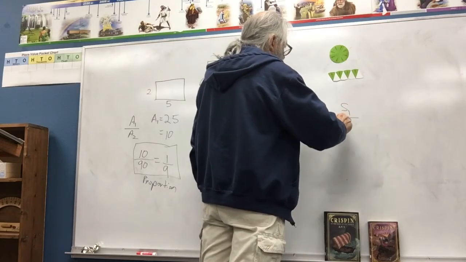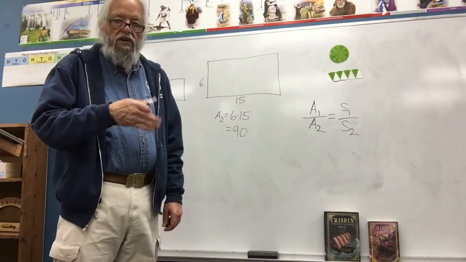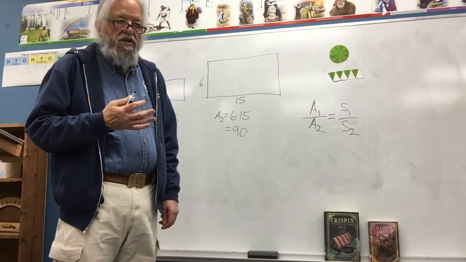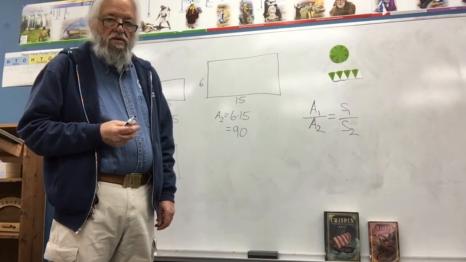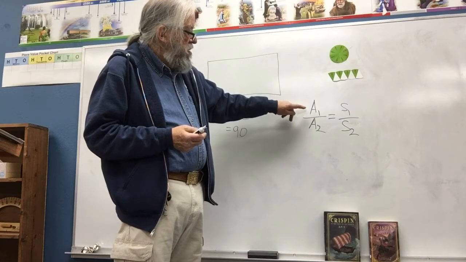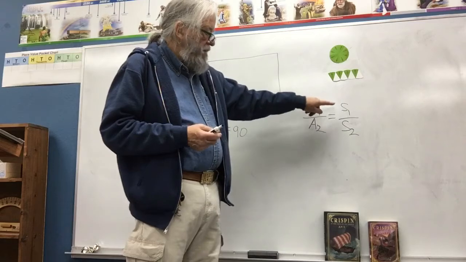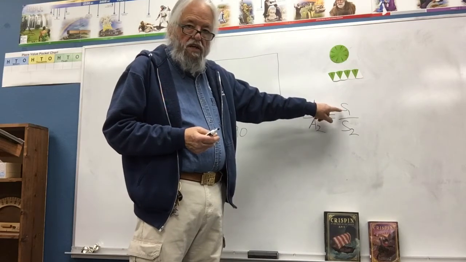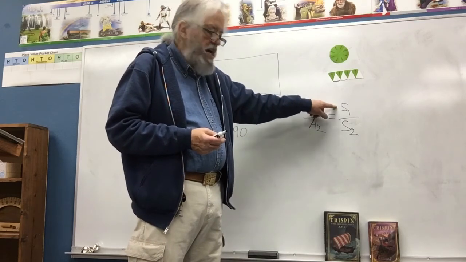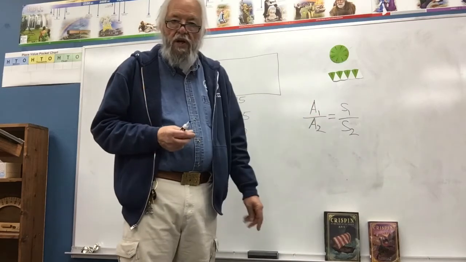So it would be side 1 over side 2. Area 1 over area 2 is equal to side 1 over side 2. So the way we would read this proportion: the area of 1 is to the area of 2 as side 1 is to side 2. Area 1 is to area 2 as side 1 is to side 2. So that's your basic formula.